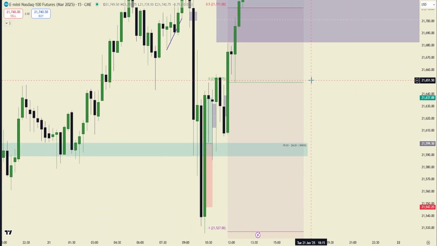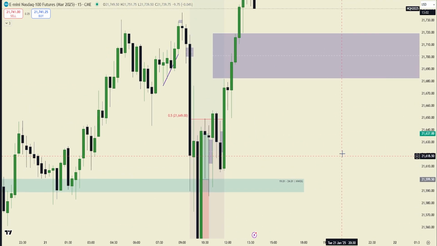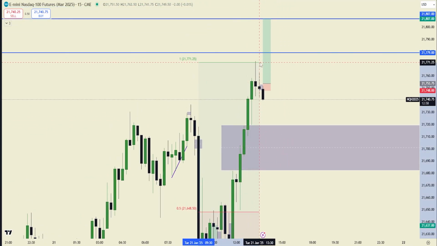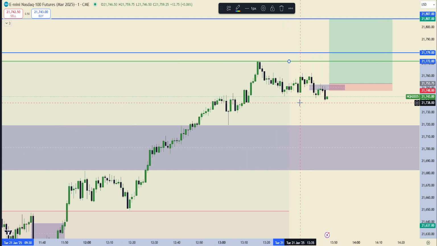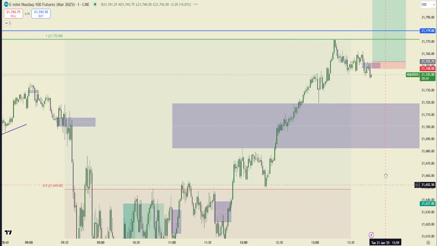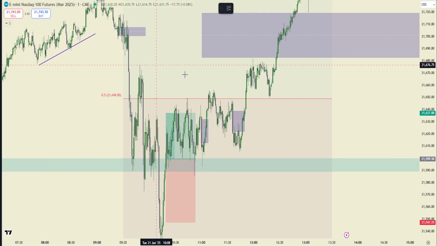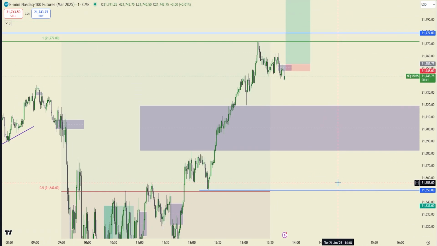But what you could also do is you could take it to the whole range. But the thing with 50% that you have to think about is you have to be considerate with the context of the market and what makes sense for the market to want to do in hopes of hitting that final target. So right now I like this 50% as well because it lines up with this obvious low here at 650.